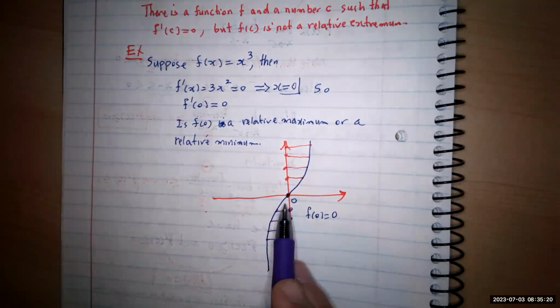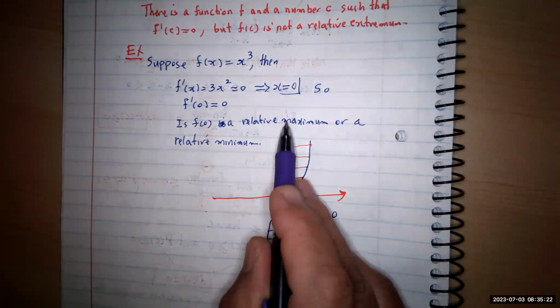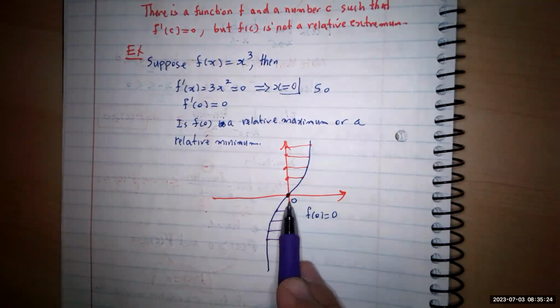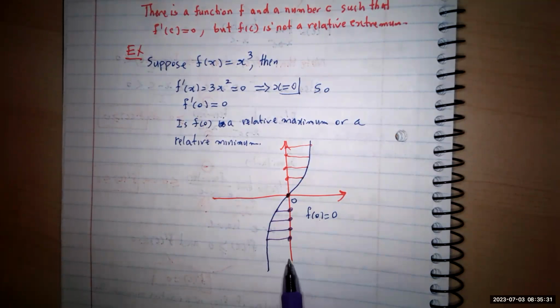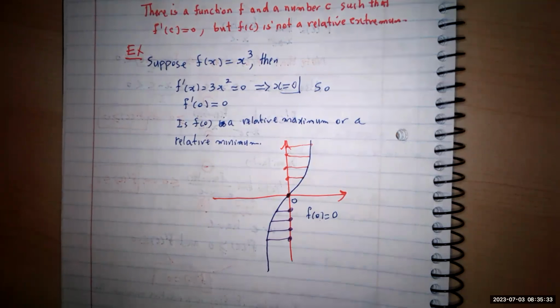So f of 0 cannot be a maximum, and these values are all greater than f of 0. But f of 0 cannot be a minimum either, because all these purple values are below f of 0.